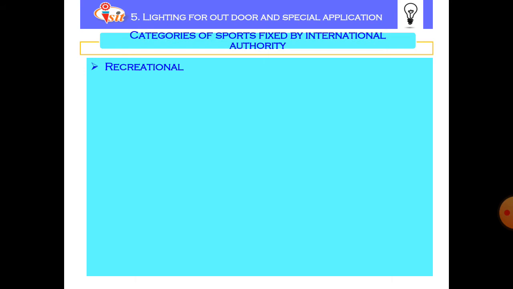Suppose in India many games have been played for 4000 years, likewise kabaddi, kho-kho, etc. These are the games which are recreational. Along with this, cricket and badminton are also played in India.